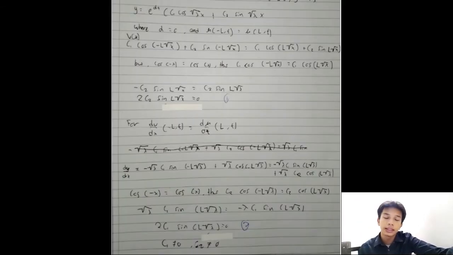For the first case, λ > 0, r < 0, the general solution is y = e^(αx)(c1 cos(√λ x) + c2 sin(√λ x)), where α = 0, and the initial condition is u(-L,t) = u(L,t).